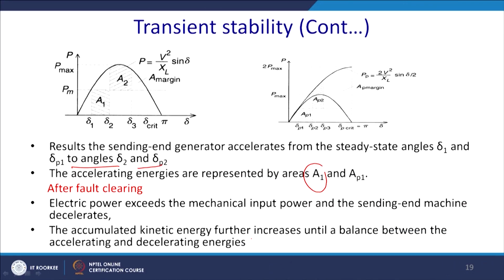After fault clearing, what happens? The electrical power exceeds the mechanical power input and the sending end machine decelerates, while the accumulated kinetic energy further increases until the balance between the accelerating area and the decelerating area matches.